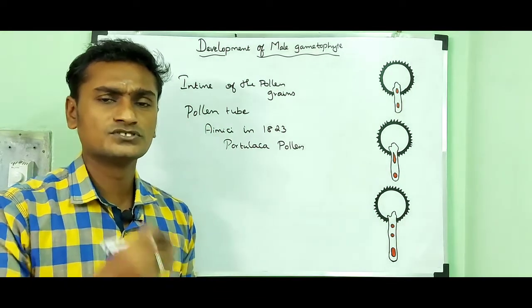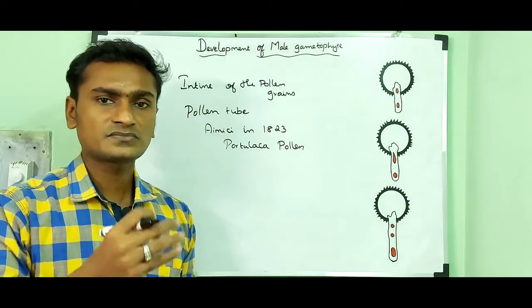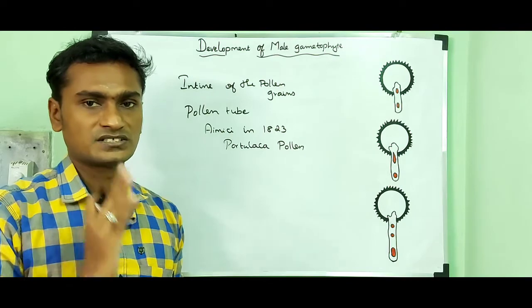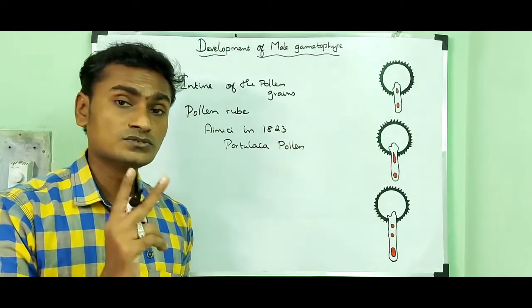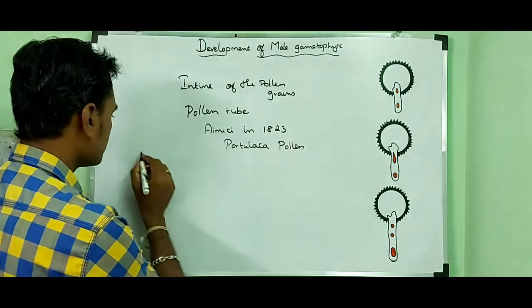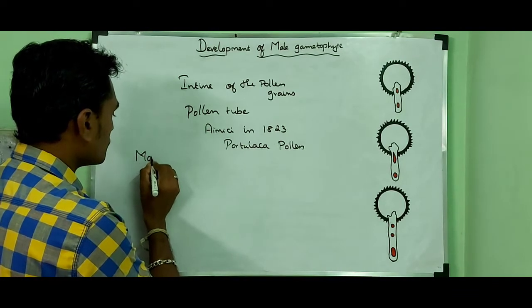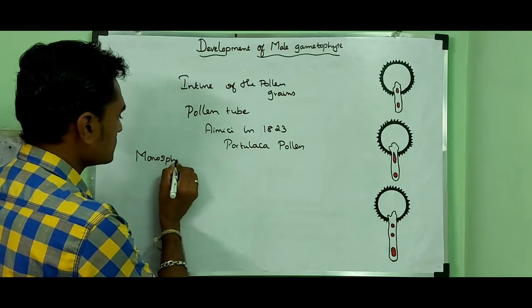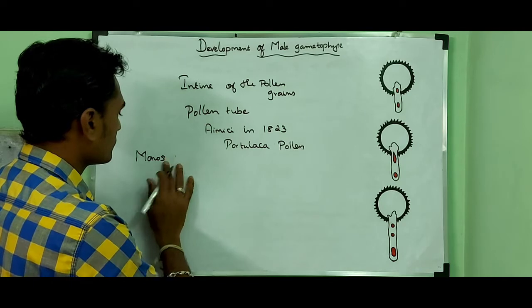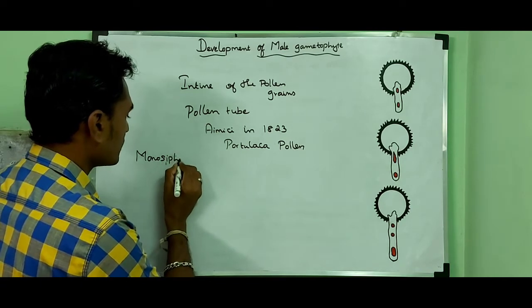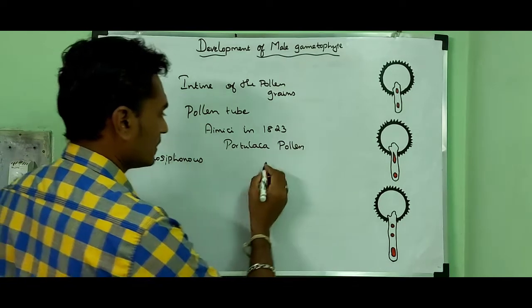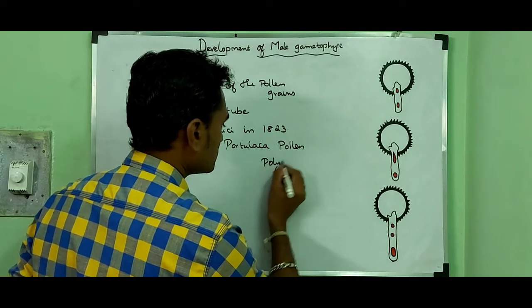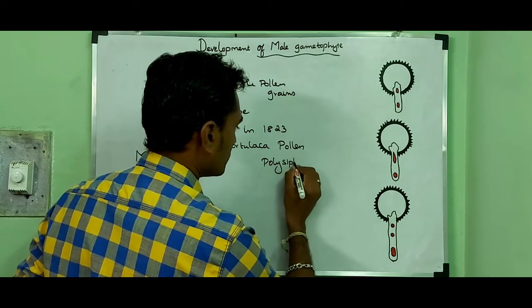Then the pollen tube continues its growth through the style, and there are two types of pollen grains. They are monosiphonous and polysiphonous pollen grains.